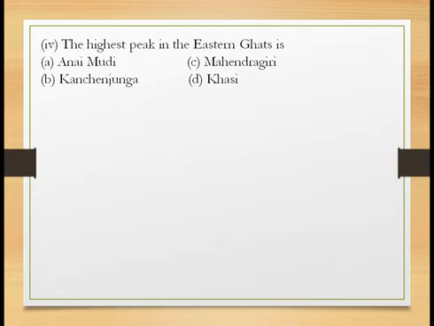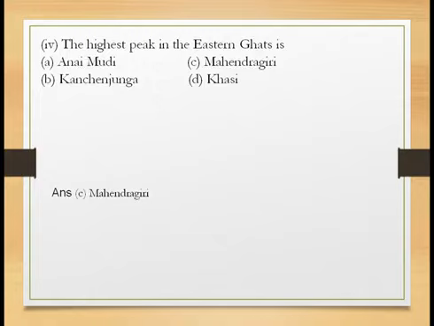Kanchenjunga will not come and Khasi will not come. Kanchenjunga is in the Himalaya and Khasi is on the Purvanchal side. Anaimudi is in the western part. So the correct answer will be Mahendragiri.